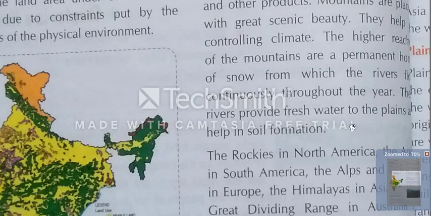The river provides fresh water to the plains and helps in soil formation. The water provided by the river is very helpful for the plain area. It helps in soil formation.